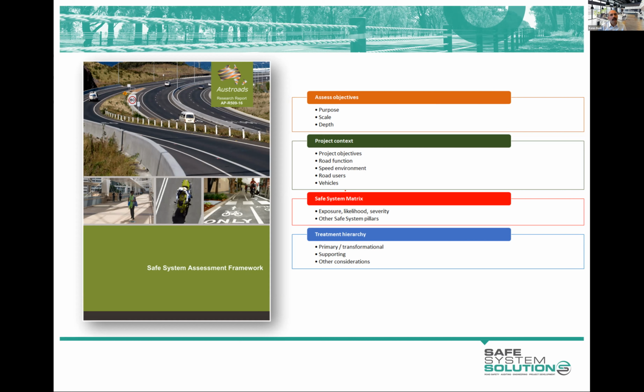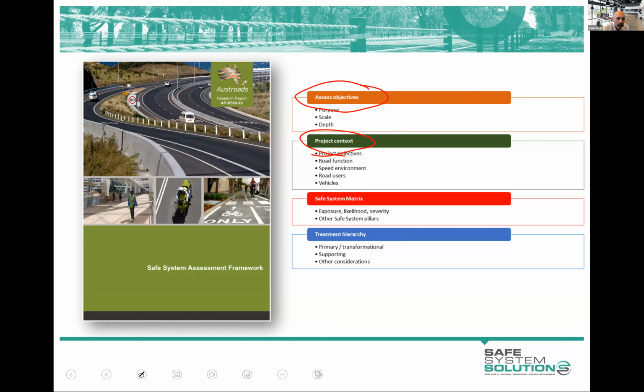The document is chunked up into those colored little bits where we look at, well, what is the objective of this assessment that we're doing? What's the context of the project that's being assessed, assuming you're looking at a design or some changes that are going to be happening? Could be just, what's the existing road network?